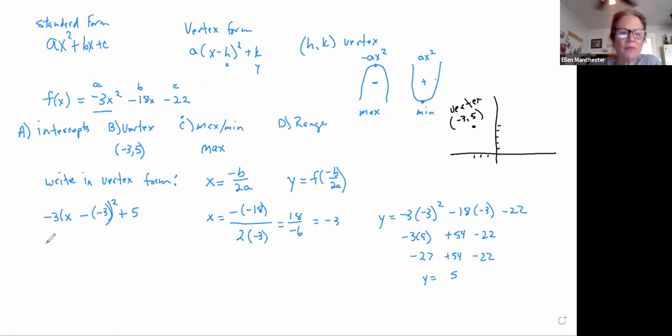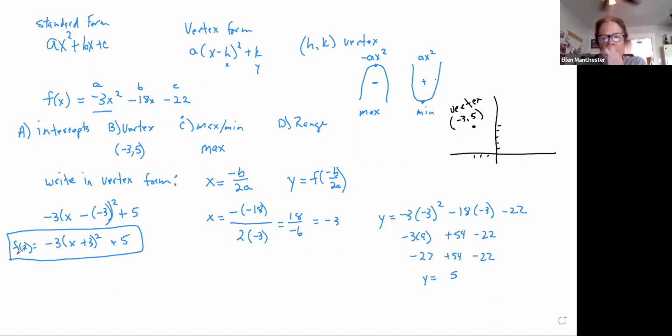To clean this up, I have negative 3 times x plus 3 squared plus 5. Now I've written this in vertex form. There's the answer to your very first question.